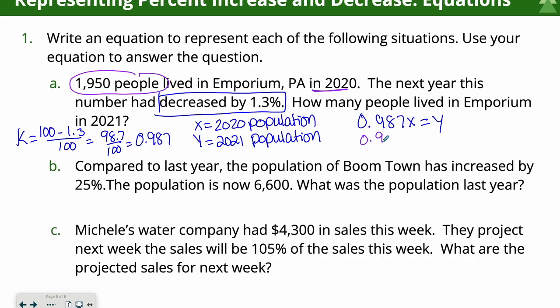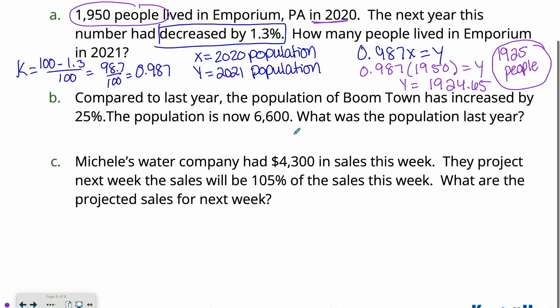That means we're going to replace X with 1,950 and then multiply that by 0.987 to get 1924.65. But we're talking about people, so we would say 1,925 people.